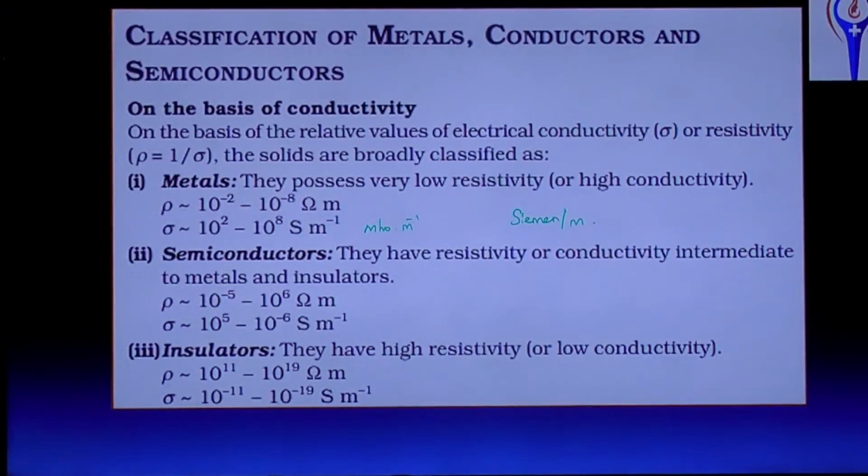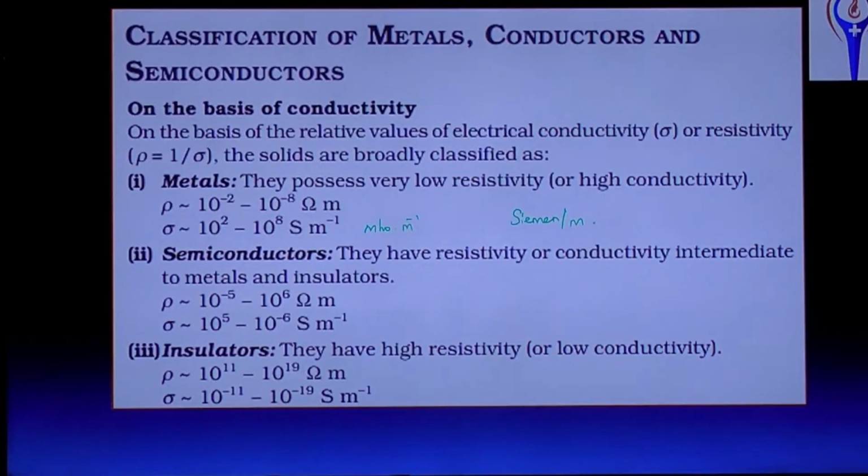Classification of metals, conductors and semiconductors. Basically, solids are classified into three types based on conductivity. On the basis of electrical conductivity or resistivity, solids are classified as metals, semiconductors and insulators. Metals are materials which have low resistivity or high conductivity.